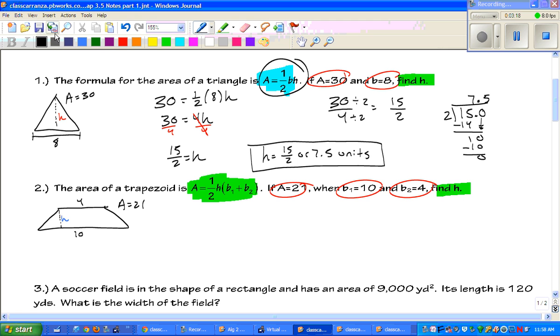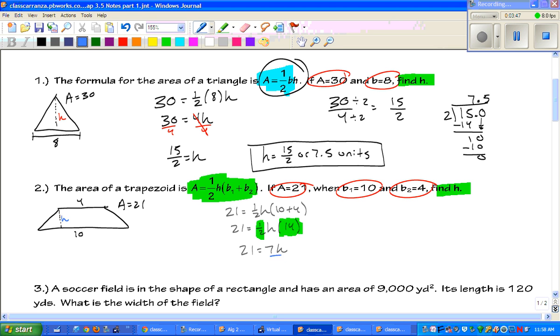Okay, so we're just going to do the same thing as we did in the last one. Just plug everything in. 21 equals 1/2 h, and that's 10 plus 4. 1/2 h, and that gives us 14. And the nice thing about multiplication is you can multiply in any order you want to. 1/2 of 14 is 7.